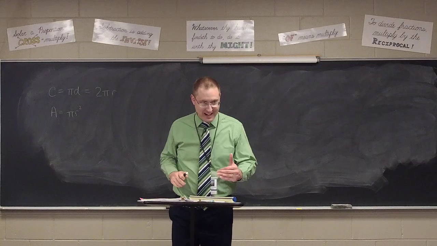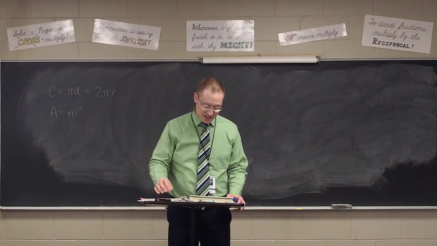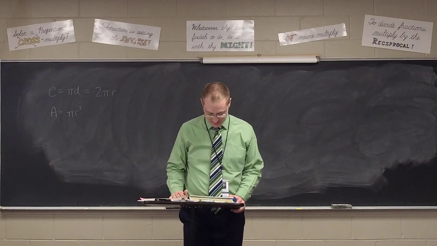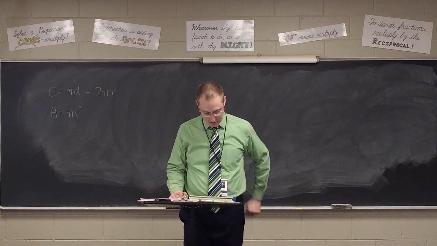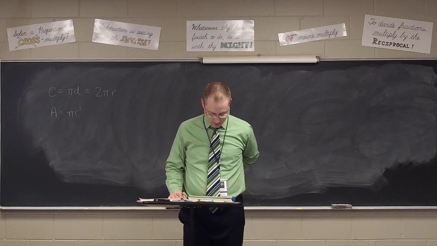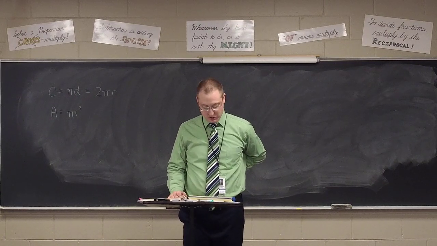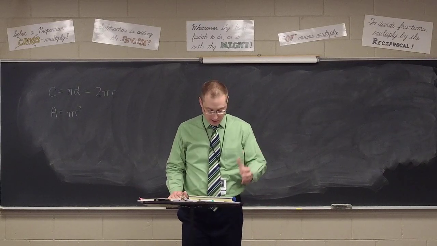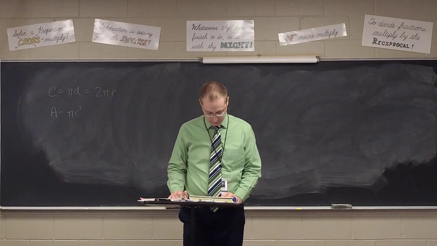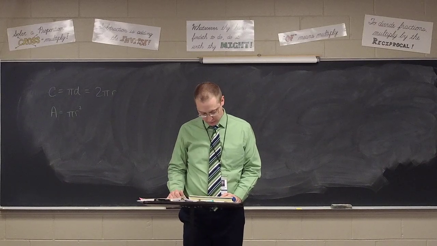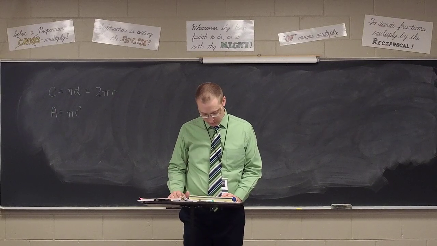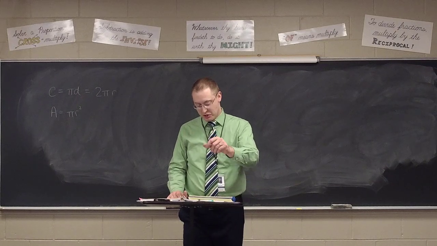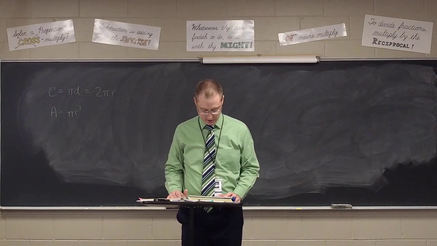All right, so if the radius is 20 inches, what do you get for the circumference, Scott? 125.6. Approximately 125.6 inches would be correct. What about for the area? 1,256 square inches. Lana, what did you get for the area on number 9?